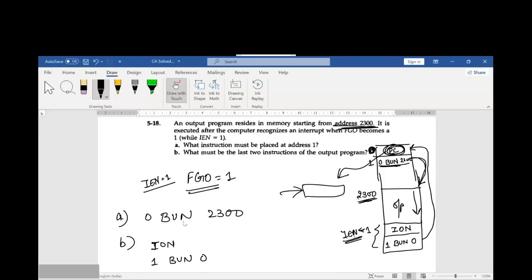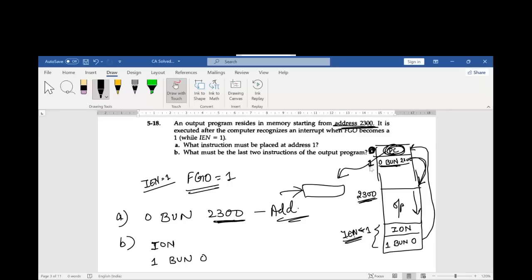Right? So whenever this type of question is asked, this is nothing but your interrupt cycle. We had studied interrupt cycle in detail, and we know what happens when an interrupt cycle occurs. So this is just the practical implementation, how it actually occurs and what are the values stored. So at address 1 in memory, you will be redirected towards, this would be a normal unconditional branch. We don't need to come back to this location.